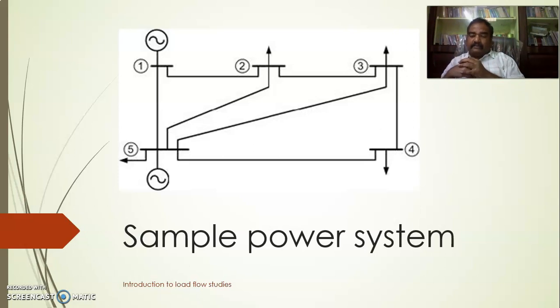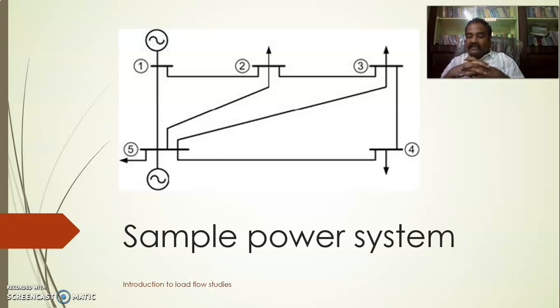Now, at a generator bus, suppose I am the person in charge of a generator, I will be more concerned about maintaining my voltage magnitude. So my primary concern will be voltage magnitude, and the second one will be the active power which I am able to generate.